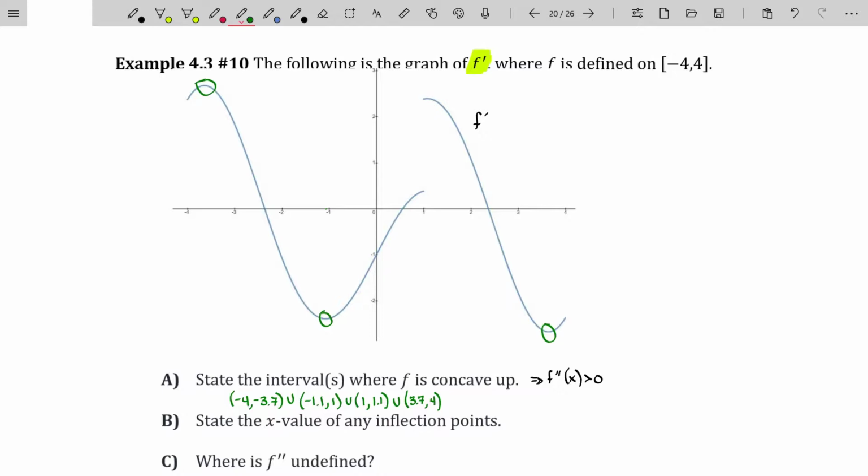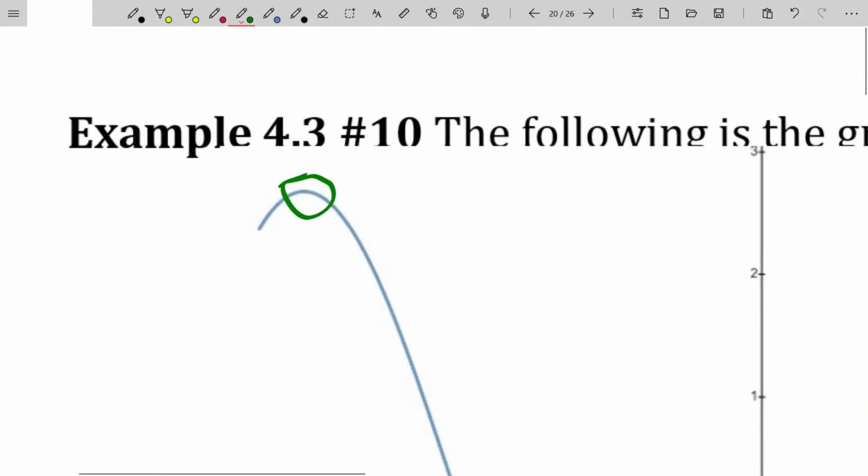Again, we're looking at the graph of f prime, so the slopes of this graph are the second derivatives. And we want to know when the second derivatives switch signs. So the second derivative is positive here again. f double prime is positive, and f double prime is negative here. So I should put less than 0 and greater than 0.